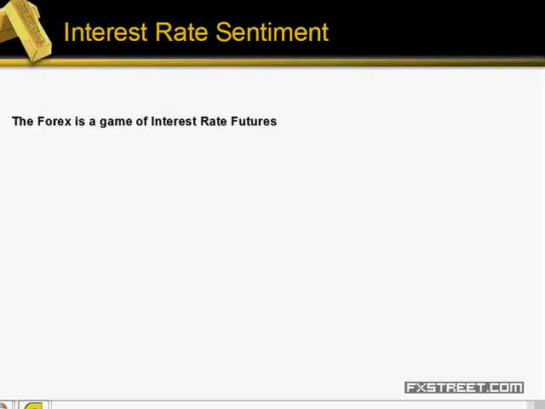With the interest rate futures, essentially everything that's happening in the Forex is because the traders are out there looking at that market and comparing economies. The evaluation of the economy is based on its interest rate.